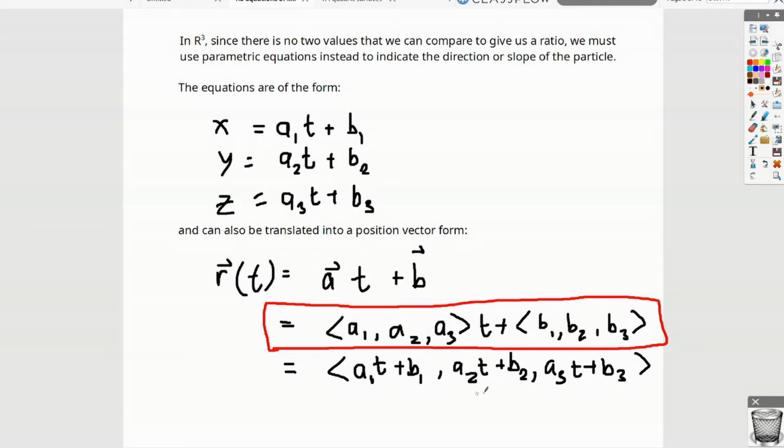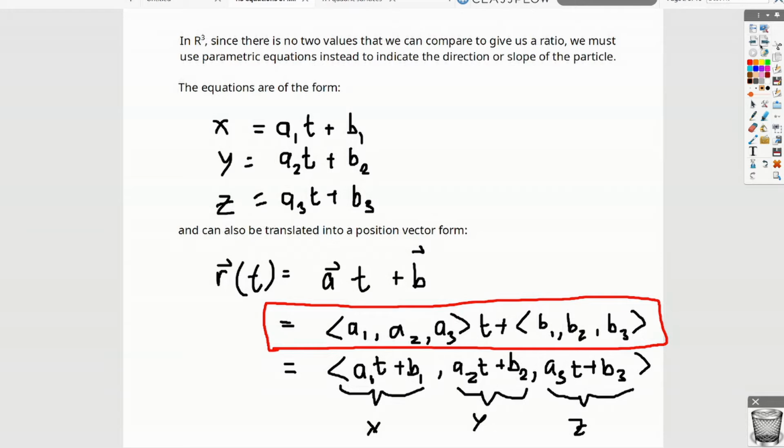So this is your vector equation right here, a1t plus b1. That's just the x, that's the first component of the vector. That's the x, and this is the y, and that's the z. So there you go. That's how you write your lines in parametric and vector form.